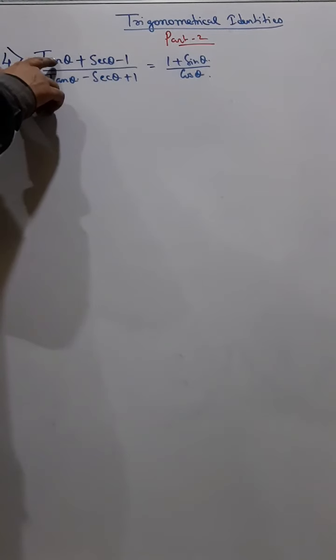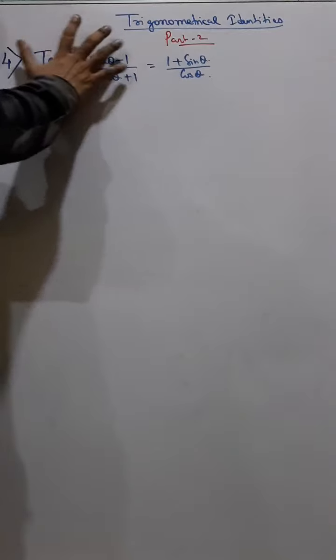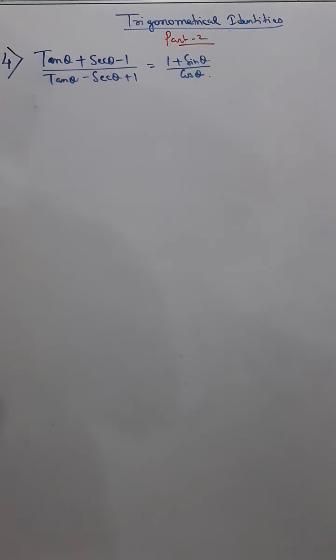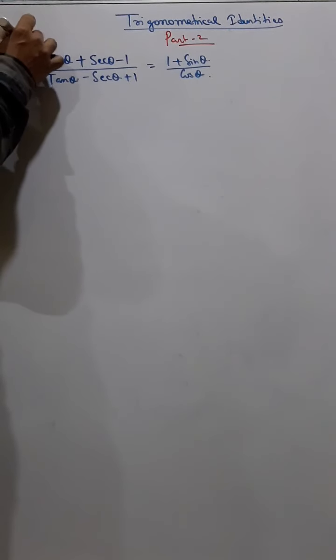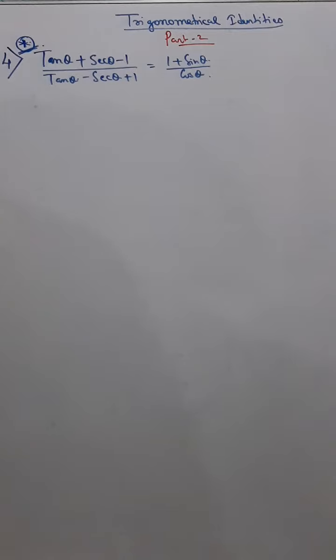But when I convert them into sine and cos, this sum will become a very complicated, long sum. These are some special sums whose method you should remember. Then you can do it very easily.